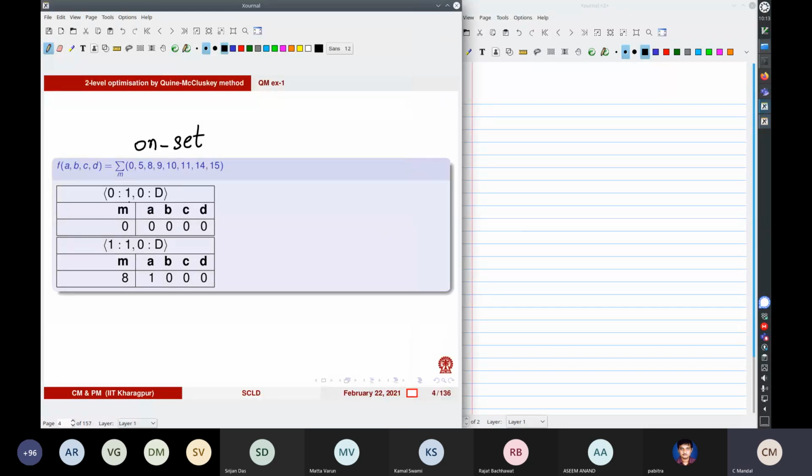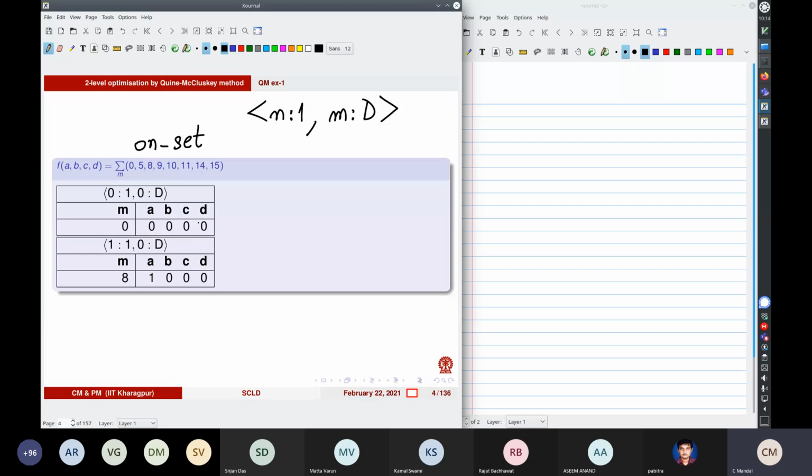What we are showing here is n, the number of ones, and m, the number of don't cares. Here you can see that the number of ones is 0.